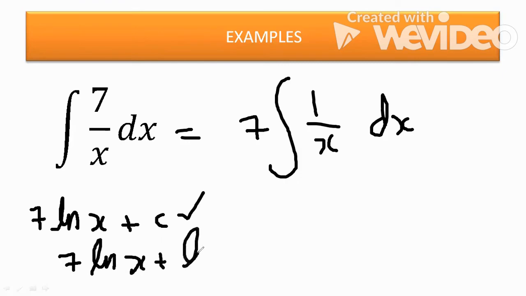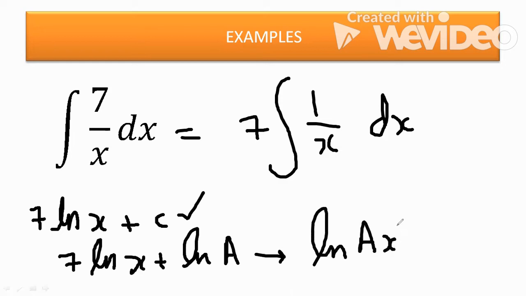Using the rules of logs, we end up with ln a x to the 7. And by the way, this would be a modulus, meaning that everything is positive.